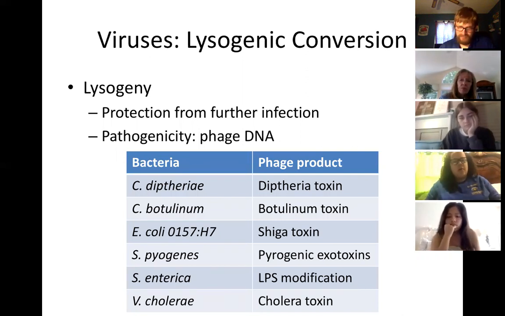Cholera, well, that'd be a good one to do a report on. Cholera is pretty interesting. But you see diphtheria, right? And one of the things that you're vaccinated for, if you've had your DTaP vaccine, is the diphtheria toxin.